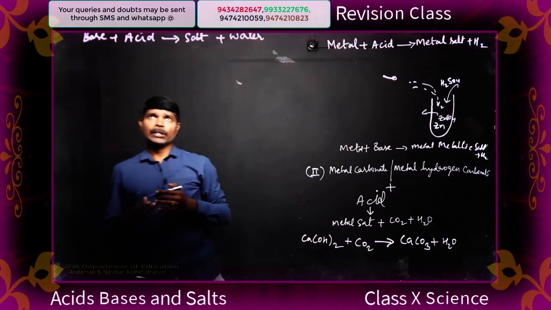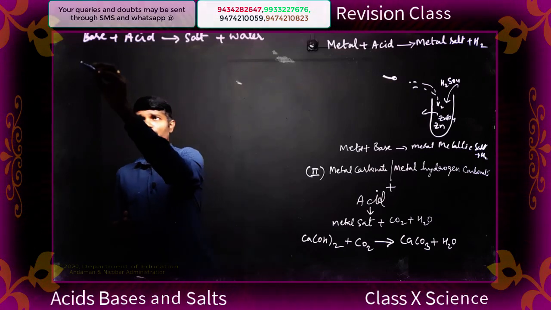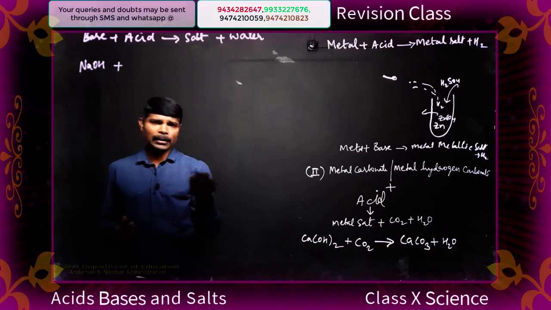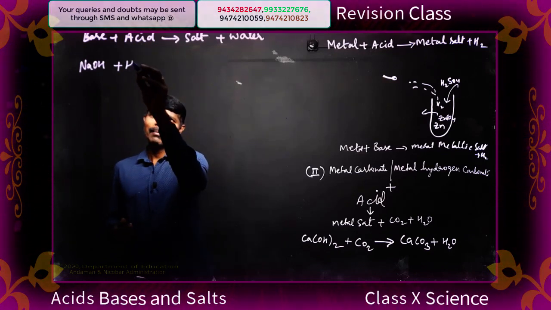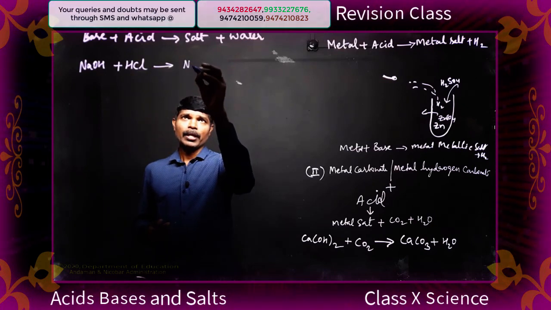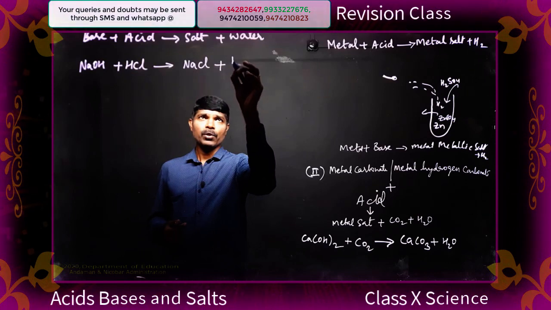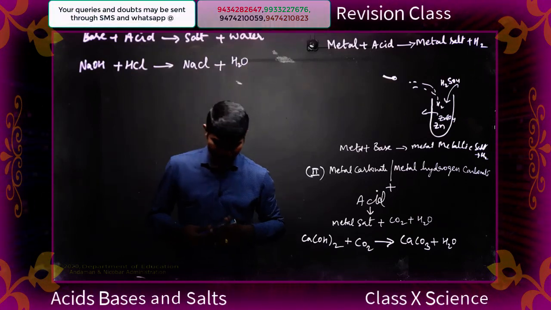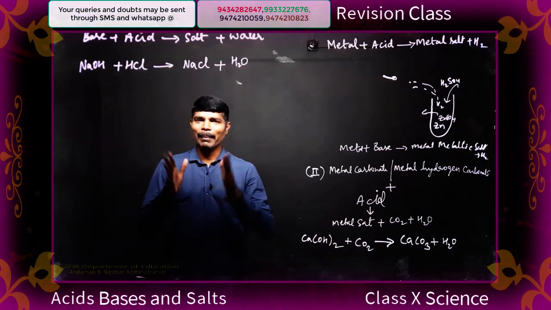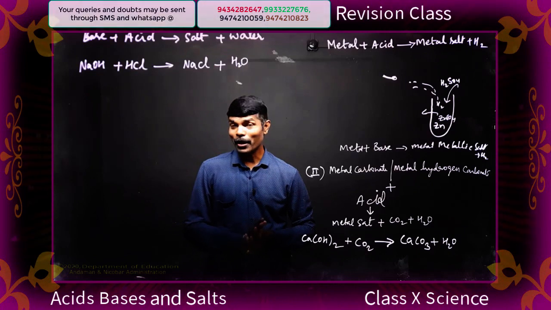Take any example, sodium hydroxide. When it reacts with an acid, for simplicity hydrochloric acid, we get sodium chloride, which is salt, and water. This general equation can be used for any acid and base. The main thing is that when a base reacts with an acid, we always get salt and water.